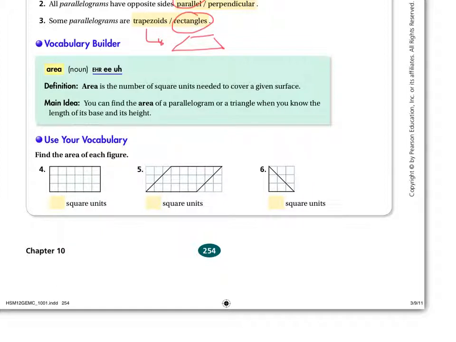So if you consider this square right here, how many squares are in it? 3 by 3 is 9. And then you could consider this whole square here, because this half is the same as that half here.